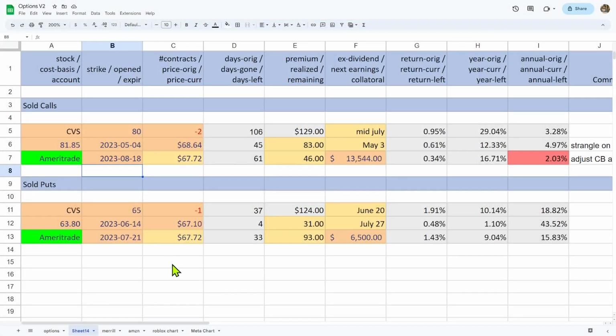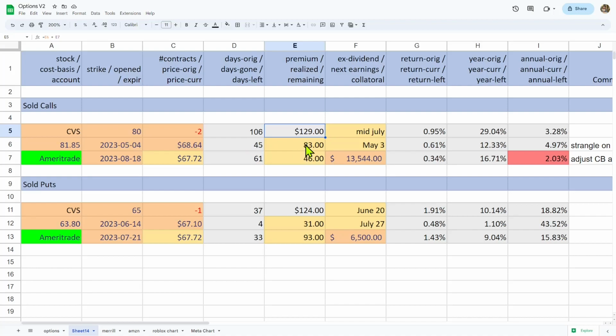Here's a spreadsheet I use to track my positions, and I'm showing my CVS call and my CVS put. My cost basis for CVS is almost $82, so I'm underwater. When I opened those two covered calls, I got $129 premium, and it's been slowly decaying away.